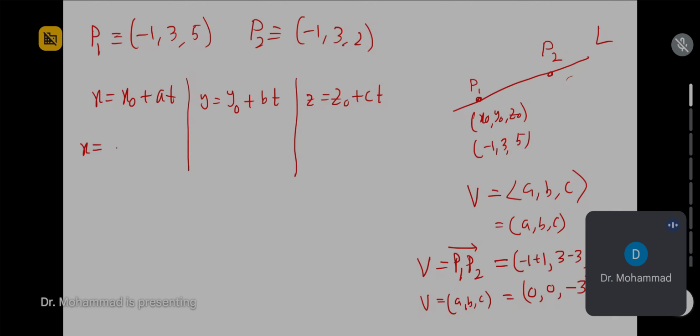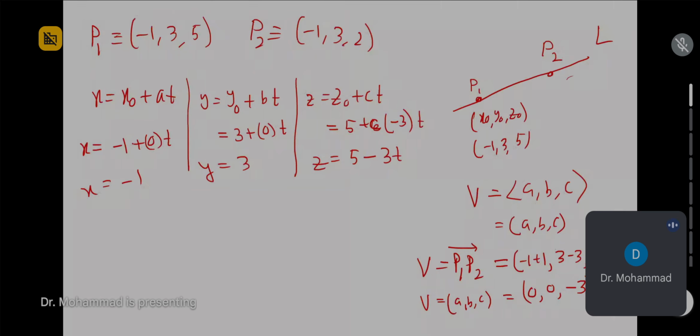We have x equals x naught, that is -1, plus 0 times t, so x equals -1. And here y naught is 3, plus b, that is also 0, times t, so y is 3. And here z naught is 5, plus c times t, that is -3, so 5 minus 3t, and this is our z.